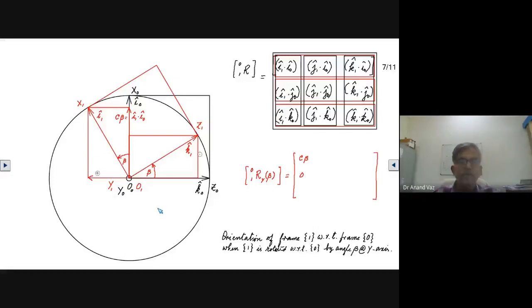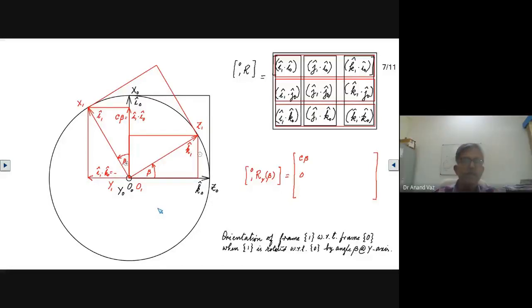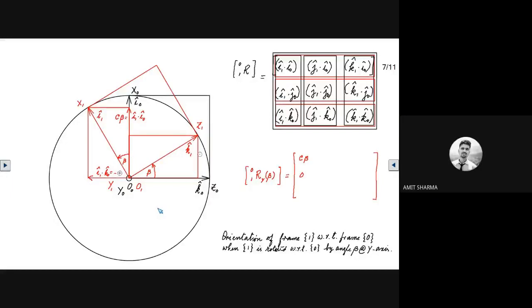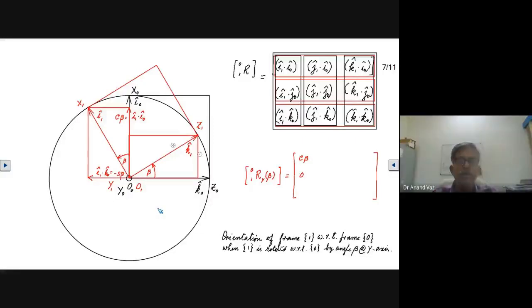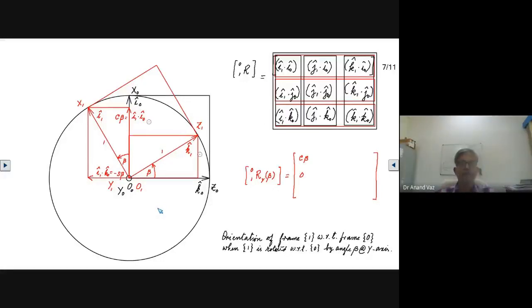So we will have to take this as i1 dot k0, and this is equal to minus, what is the magnitude? The opposite side of this angle, so it is equal to minus sine of beta. All this we are doing because we are dealing with unit vectors, so this radius is 1.